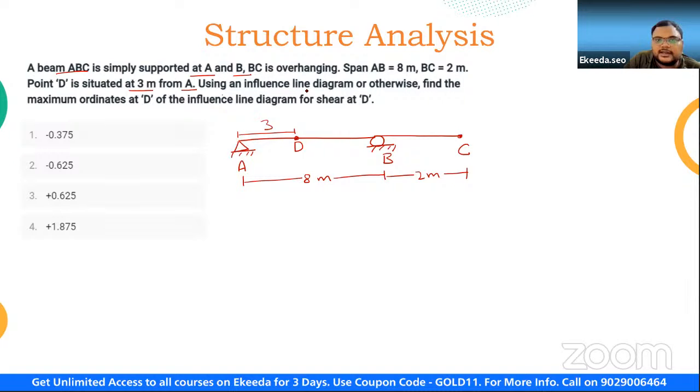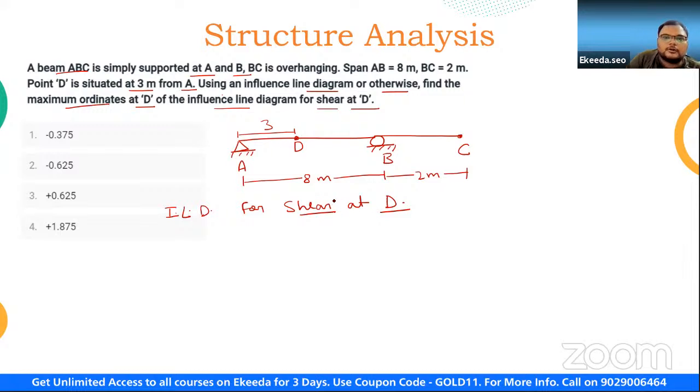Using influence line diagram or otherwise, find the maximum ordinate at D of the influence line diagram for shear at D, right? So what we have to draw? We have to draw the influence line diagram for shear at D, right?